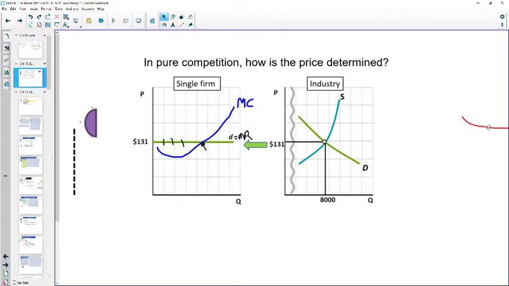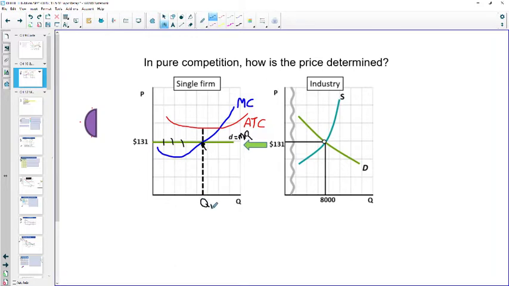But we still don't know if we're making a profit, so let's take a look at the average total cost curve that I'm bringing in. The quantity we're going to produce for this firm, the best they can do is this quantity. But for this firm, the average total cost per unit, from the average total cost curve, is above the price they're getting, so they're going to lose money.